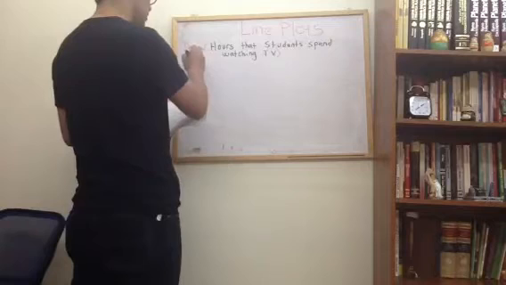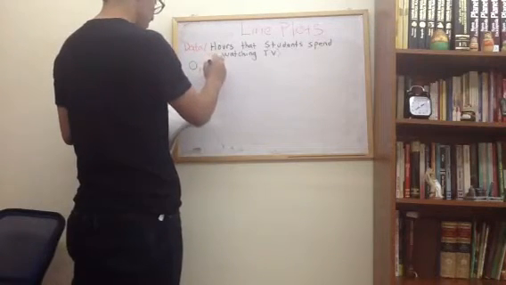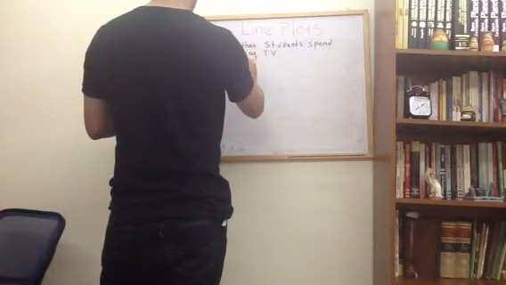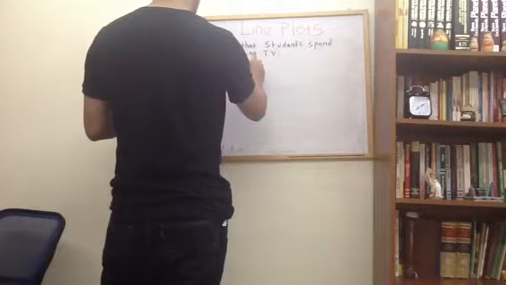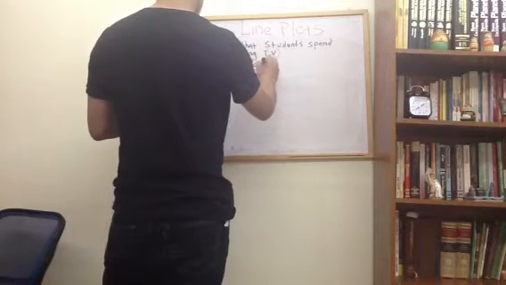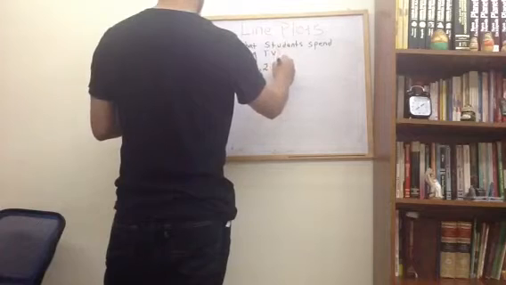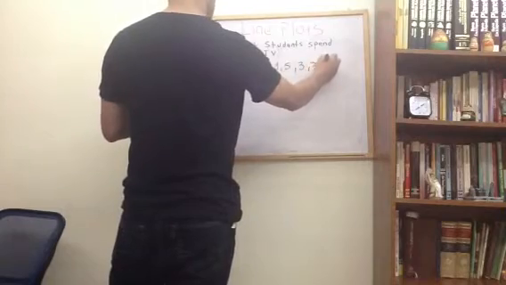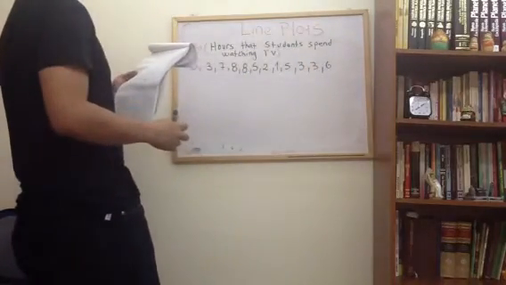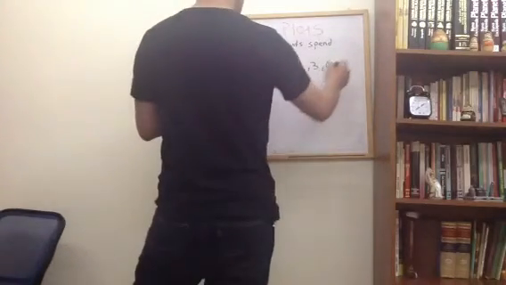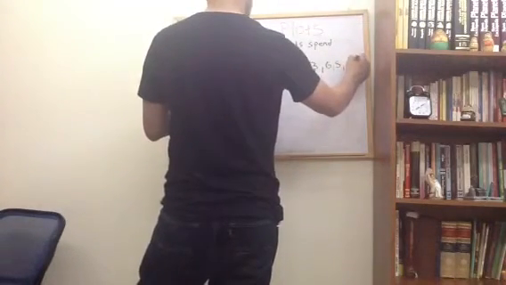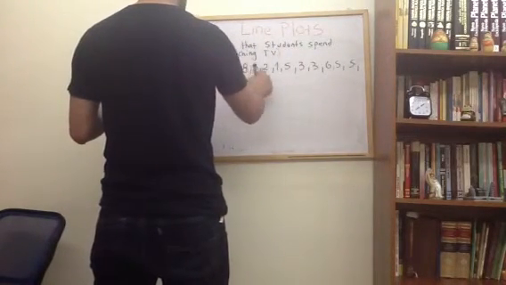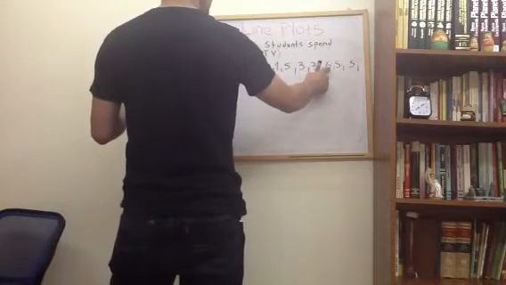So let's see. We have 0, 3, 7, 8, 8, 5, 2, 1, 5, 3, 6, 5, 5, and 6. 1, 2, 3, 4, 5, 6, 7, 8, 9, 10, 11, 12, 13, 14, 15.